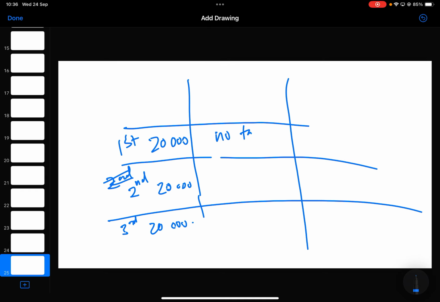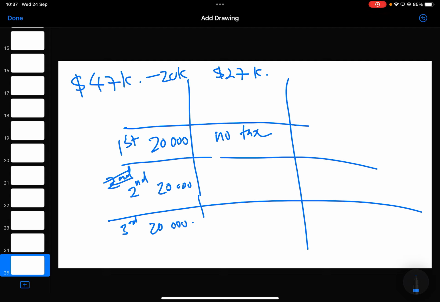No tax. Okay? Then if I have 47,000 income, the first 20,000 don't need to be taxed. Or the tax rate for the first 20,000 is 0. So I'm left with 27,000.